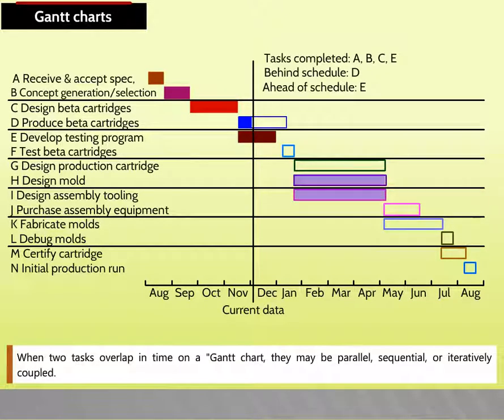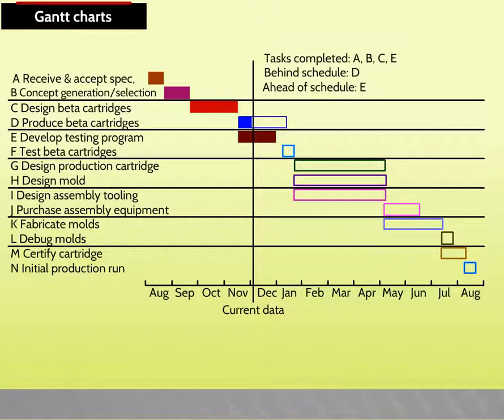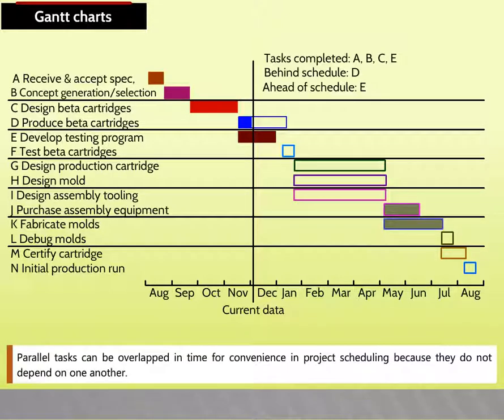When two tasks overlap in time on a Gantt chart, they may be parallel, sequential, or iteratively coupled. Parallel tasks can be overlapped in time for convenience in project scheduling because they do not depend on one another.